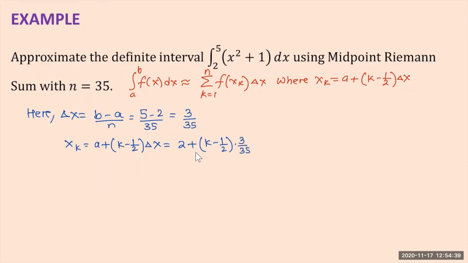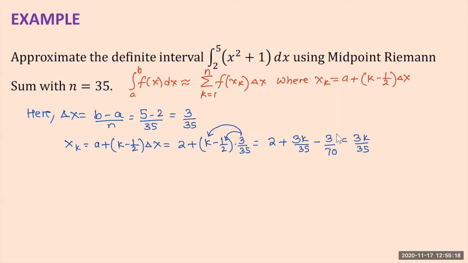If I distribute this, it will be 3k over 35 minus 3 times 1, which is 3, divided by 35 times 2, which is 70. Let me write this first: it is 3k over 35, and then over here, we have 2 minus 3 over 70.